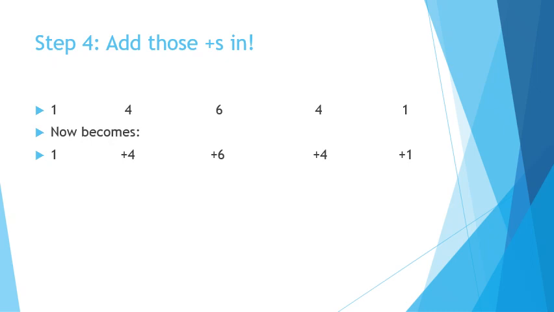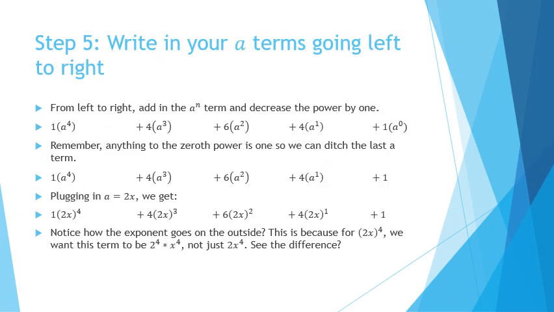Once we do that, just add pluses before each term. So very simple there. Step 5, now we need to add in our a term, going from left to right and decreasing by a power of 1. So we know from a, b, and n, right, our n is 4 and our a is 2x. So we have 1, 4, 6, 4, 1. And so we want to start that first number and multiply it by a to the power of n.